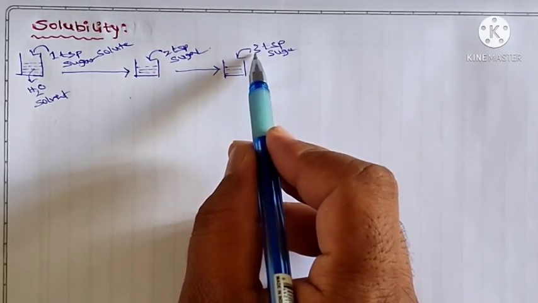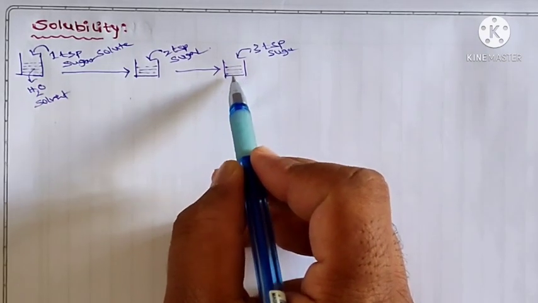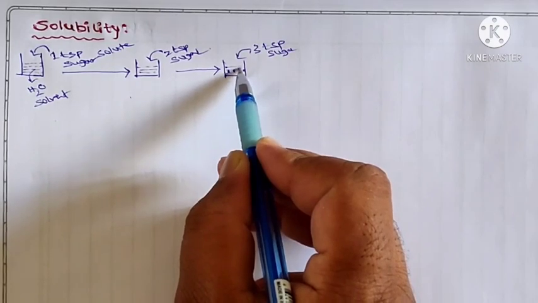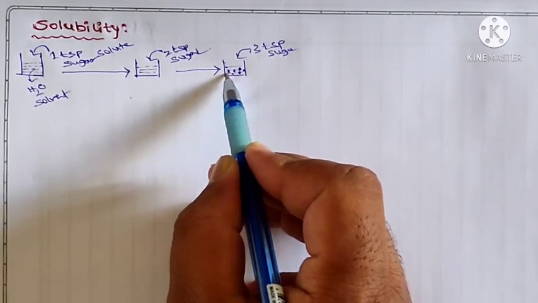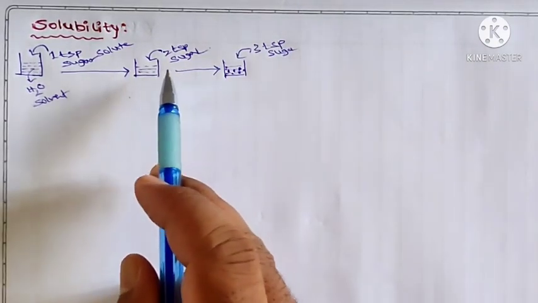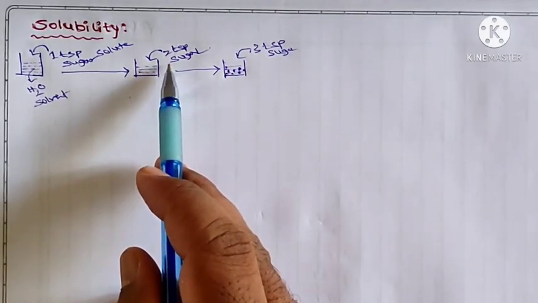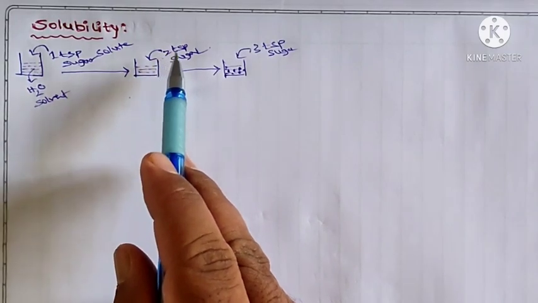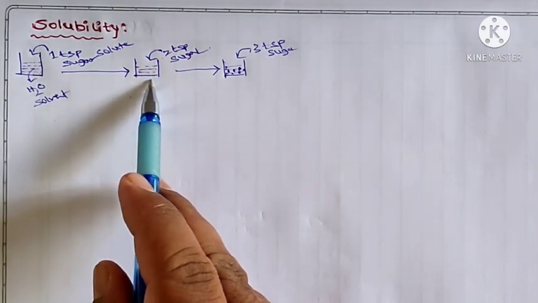If that one more teaspoon of sugar does not dissolve in that water, that sugar settles down in the solution. So here the maximum amount of solute is only 2 teaspoons. Only 2 teaspoons of sugar dissolved in that water.